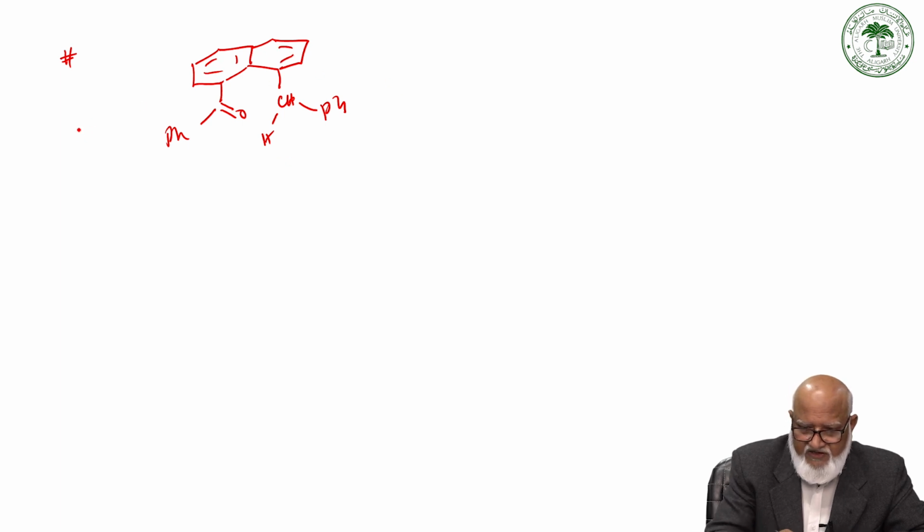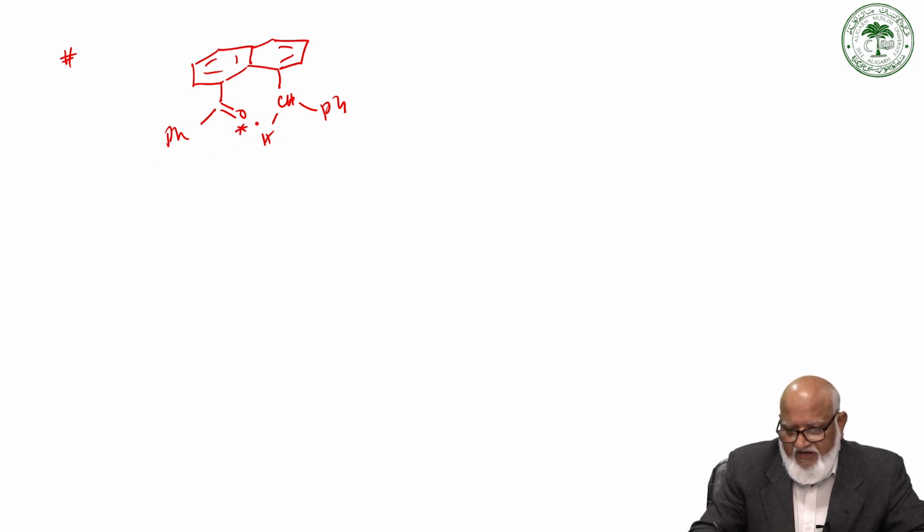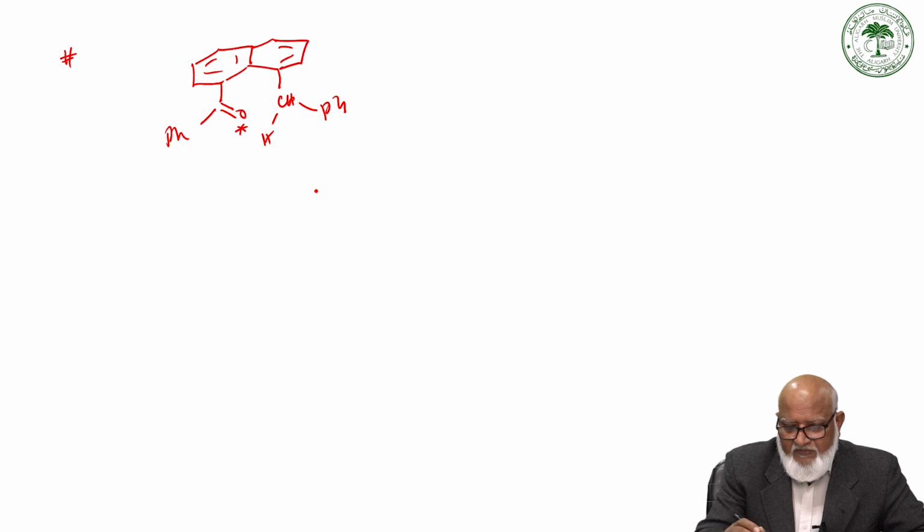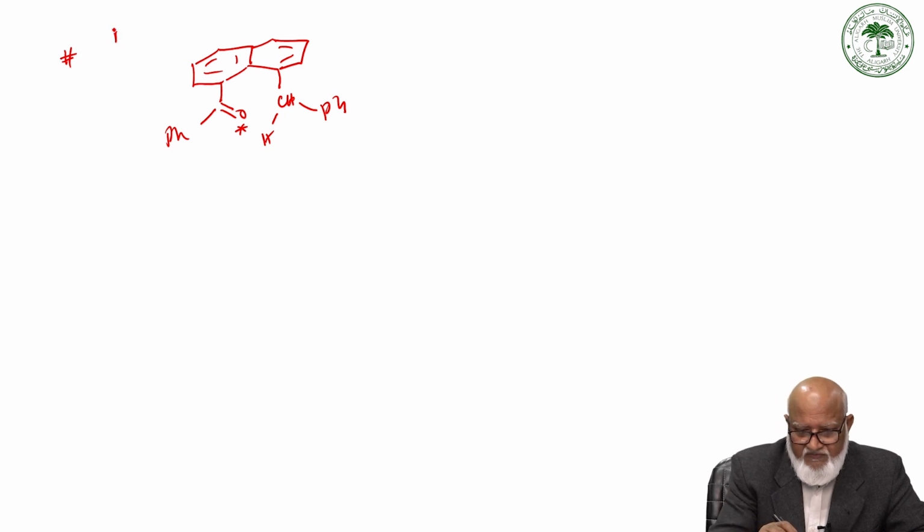So this is a naphthyl ketone that undergoes photocyclization to give the following product. So you can see the carbonyl is nicely set for the abstraction of a hydrogen from the other ring system.